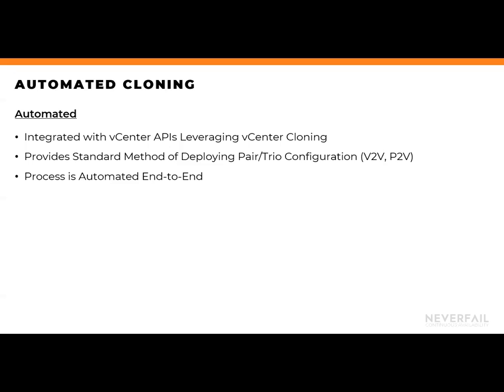As you go through the deployment wizard, it'll ask you if you want an automated or assisted cloning process. If it's automated, it's going to use vCenter APIs at the end of the wizard to automatically create and stand up your clone. And the wizard will ask you during the interview process which host and data store you want to put it on.